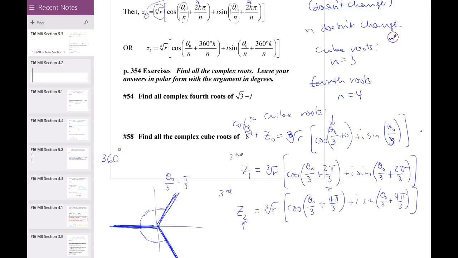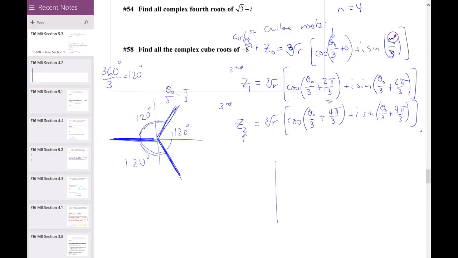360 degrees is all the way around the circle. Cube roots mean you're finding 3 of them, so they're 120 degrees apart. This is always going to happen with cube roots. Wherever the first one is, the other 2 will be evenly distributed.